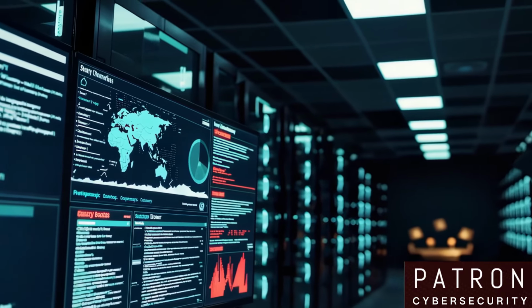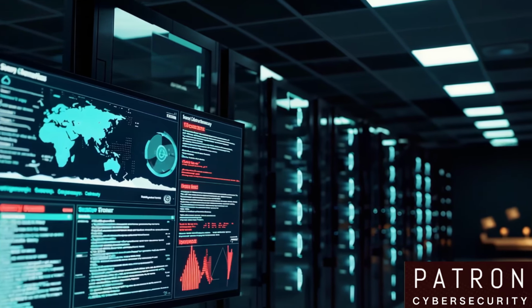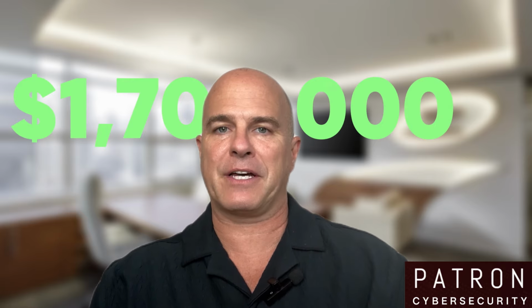If a laptop, phone, or USB drive containing PHI isn't encrypted and it goes missing, it's a disaster waiting to happen. An example of this would be a Massachusetts medical group that paid out $1.7 million in fines after a stolen laptop exposed more than 800,000 patient records.